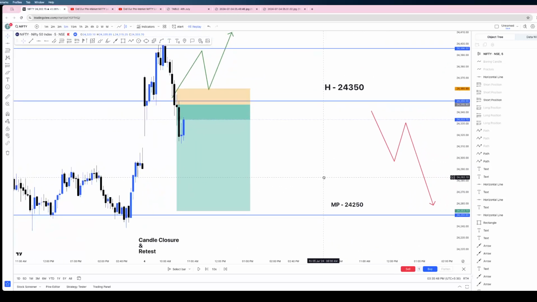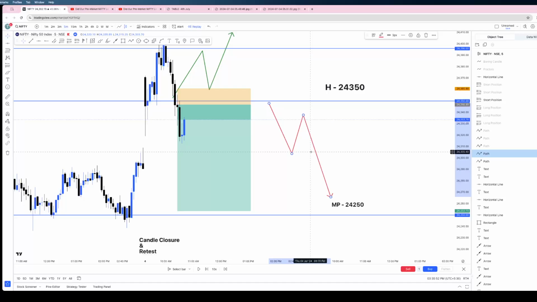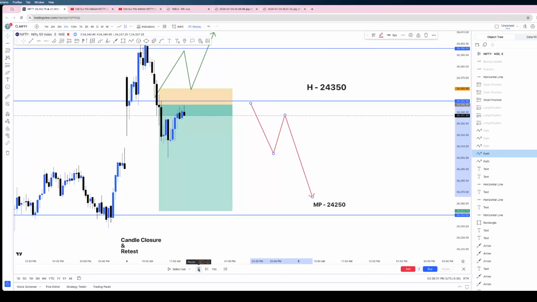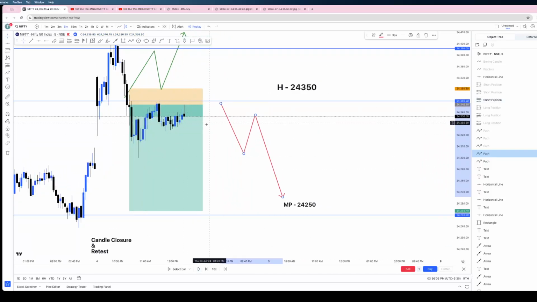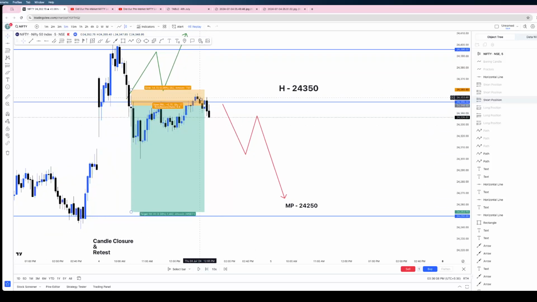In today's market, that was one scenario, and this is the second scenario. It was a totally premium decay market with no momentum. It retested again but didn't break the level. It broke the level without a proper retest and closed again below 24,350.